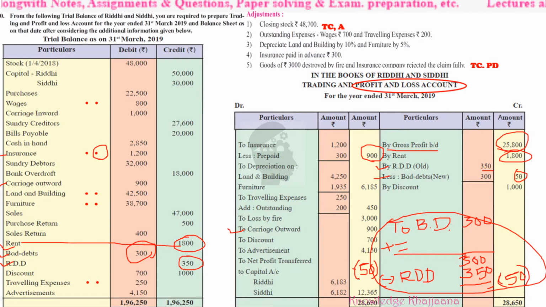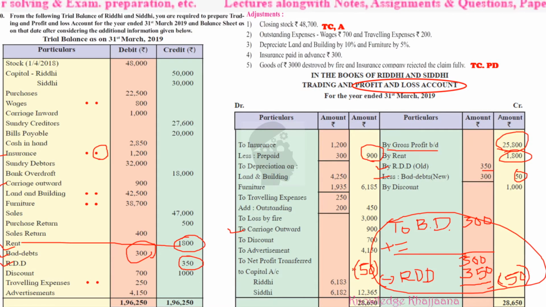But instead of getting minus 50, what has the book shown? The book has shown it recorded on the credit side. Why? Because the old RDD is more than the bad debts. So instead of getting the minus amount, they have shown it by recording in this way. The answer is the same. If you had taken all the amounts on the debit side of the profit and loss account, you could have deducted it.